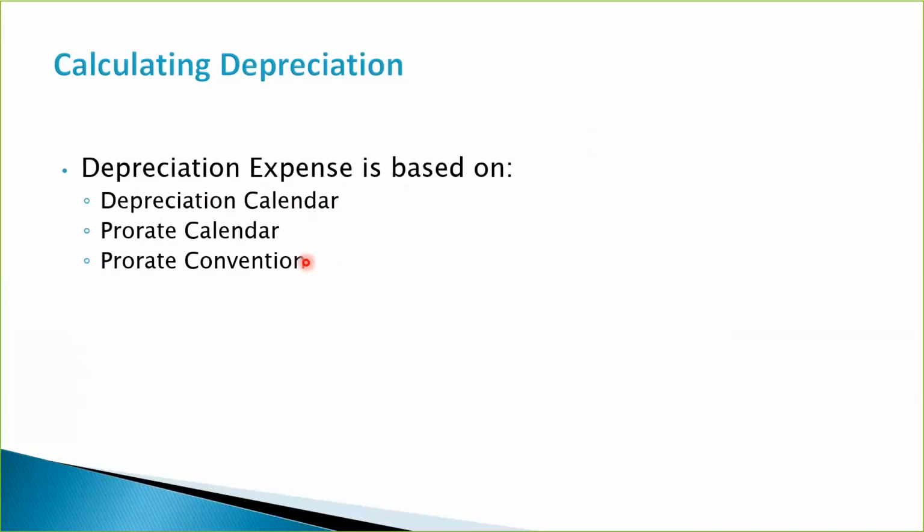So the depreciation calendar will help us in knowing the number of periods in the financial year, thereby calculating the expense for each period. But the prorate calendar and convention will help us to know when to start calculating the depreciation expenses, based on when the asset was placed in service. Okay?